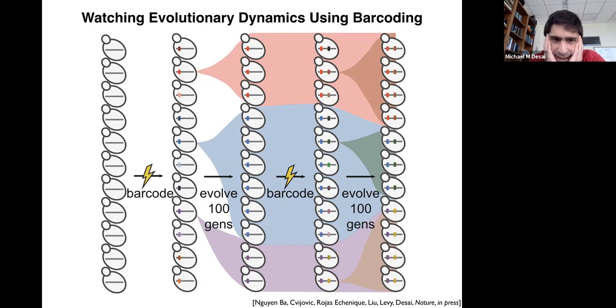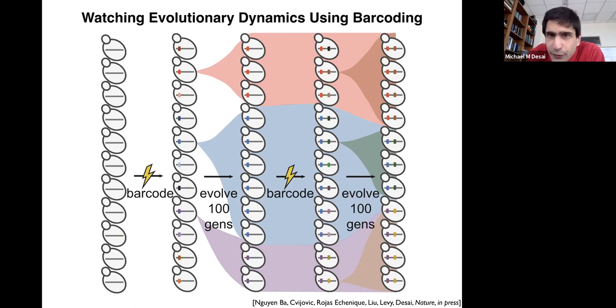And the basic idea is that what you want to do instead of whole genome sequencing is to introduce DNA barcodes into evolving populations that label small sublineages within that population. Ideally, you would uniquely label every individual cell with a unique barcode. You don't really quite do that, but you can label very small sublineages of the population with unique barcodes.